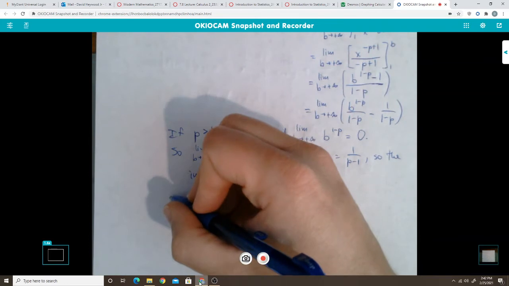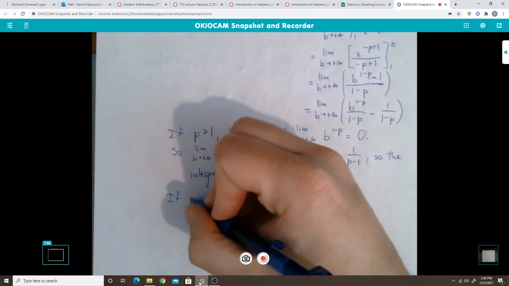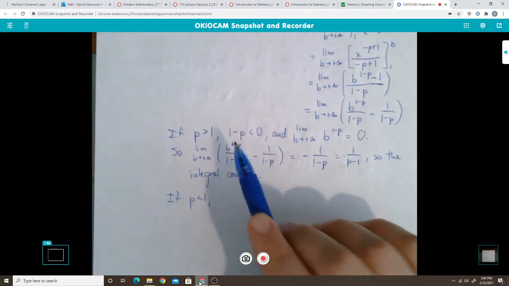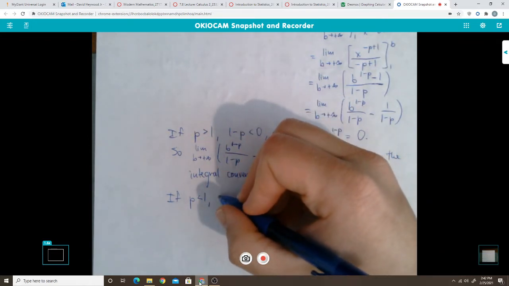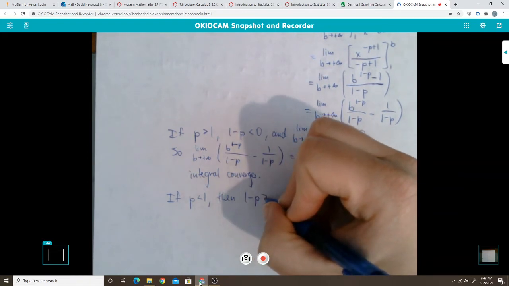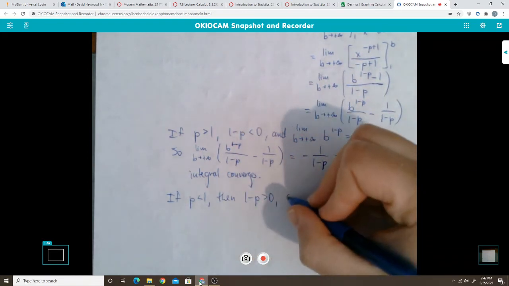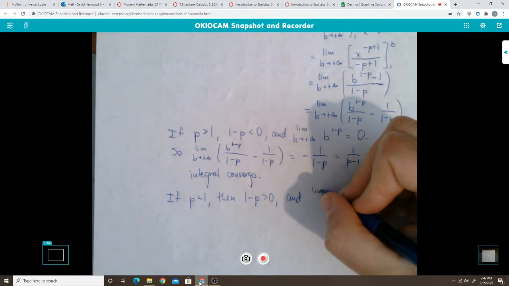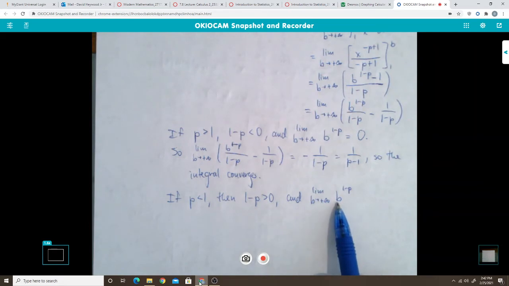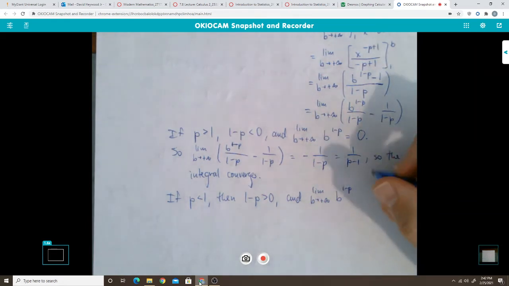If p is less than 1, then 1 minus p is positive. And so the limit as b goes to positive infinity of b to the 1 minus p, well, this would be a really big number raised to a positive exponent. That's just going to go off to positive infinity.